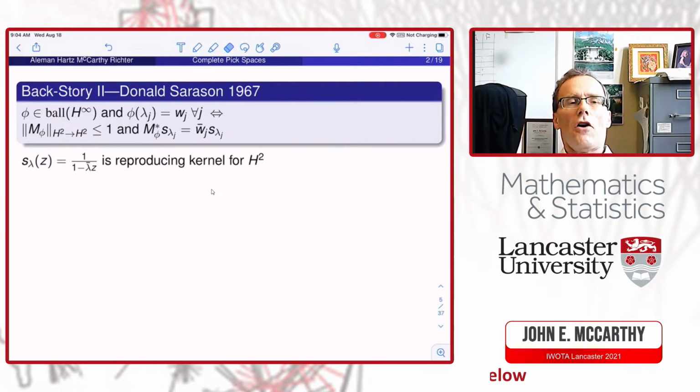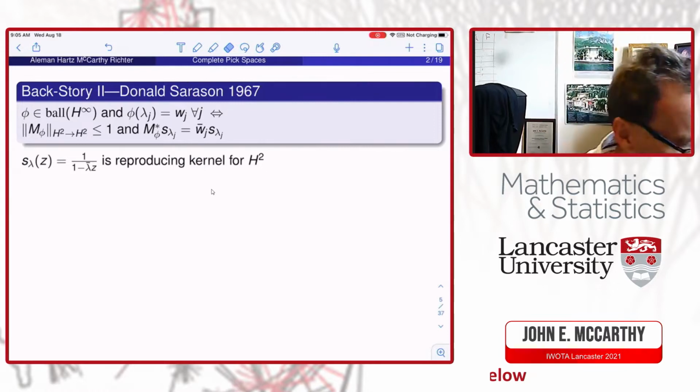So the Hardy space H2 of holomorphic functions with square summable Taylor coefficients on the unit disk, the multiplier algebra is isometrically isomorphic to H infinity.